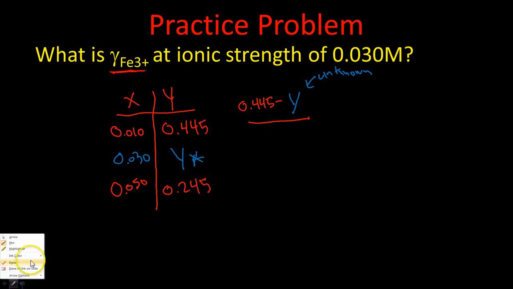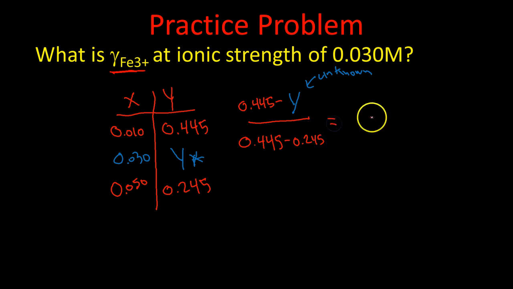This is equal to the ratio over a known interval, which is between 0.445 and 0.245, so 0.445 minus 0.245.